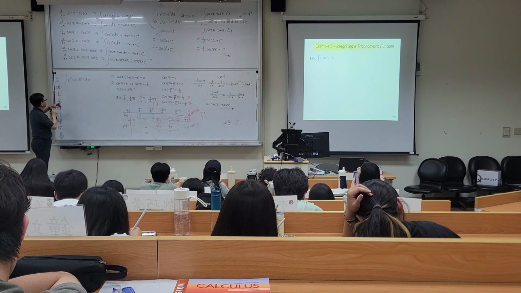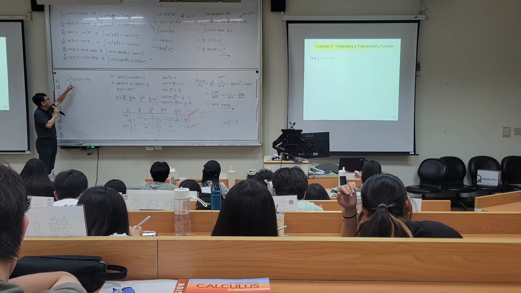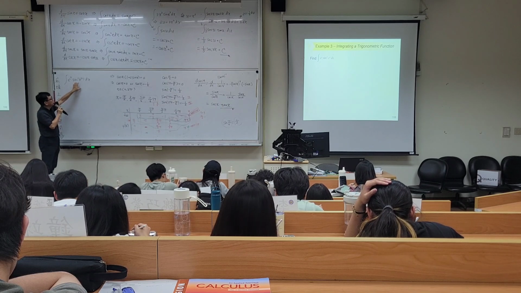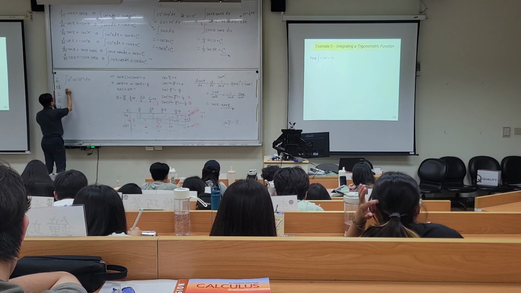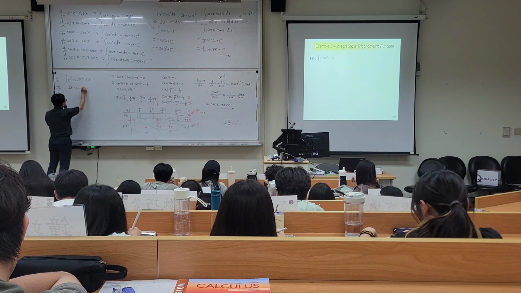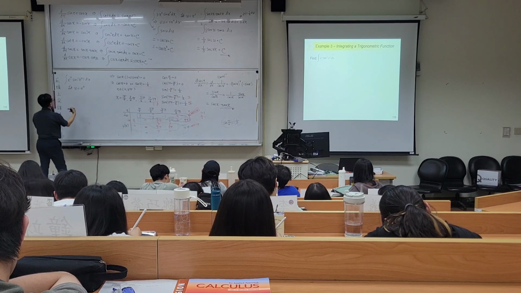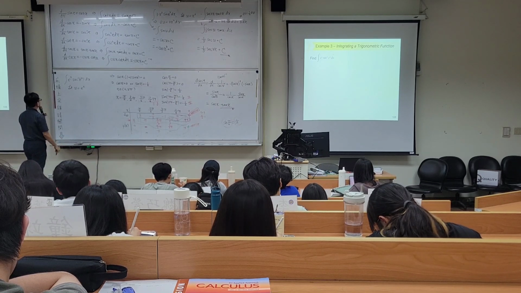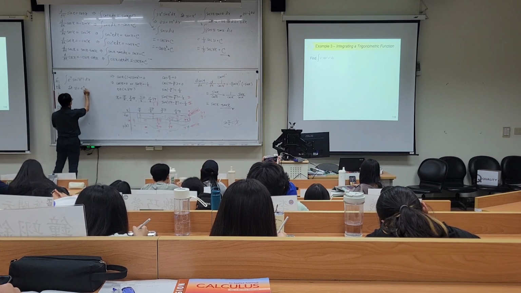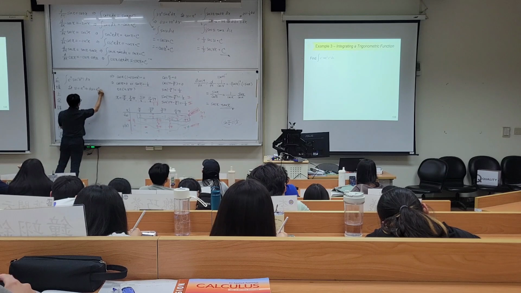I want to integrate e to the x power multiplied by secant square e to the x dx. So still integration by substitution. Then u equal to e to the x. So I can apply du equal to e to the x dx.